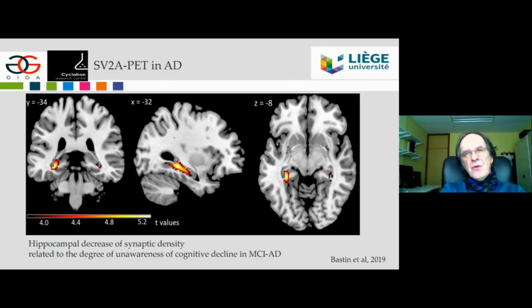Then you can use the same kind of information to make correlations with what's happening in patients. For example, here we can see in the hippocampus a correlation with what is called the unawareness of cognitive decline, which means that a lot of patients just do not realize that their memory impairment is important.